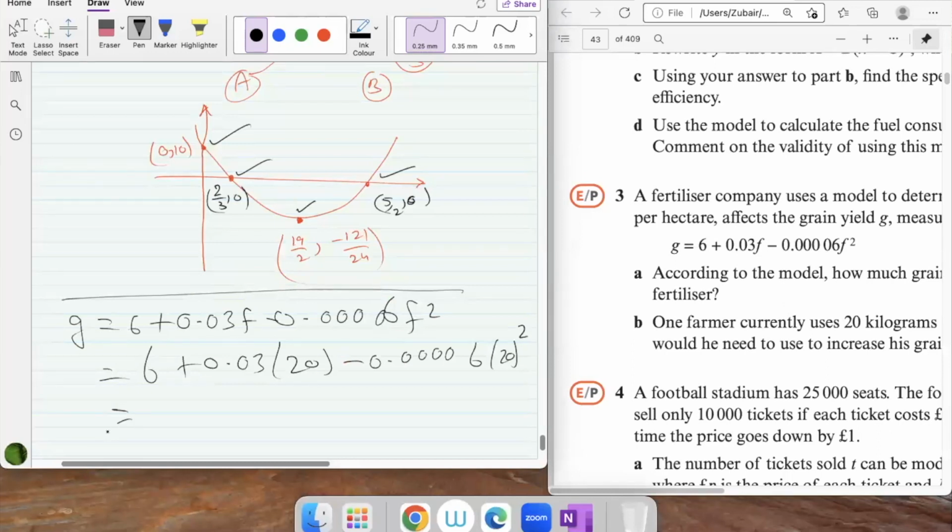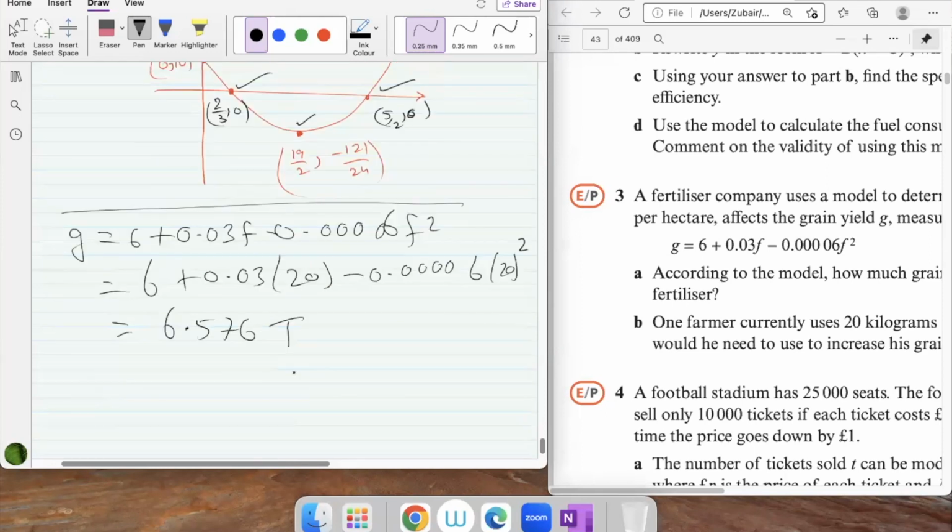Using the calculator, we get 6.576. Now the yield is 6.576 tons when we are using 20 kgs.